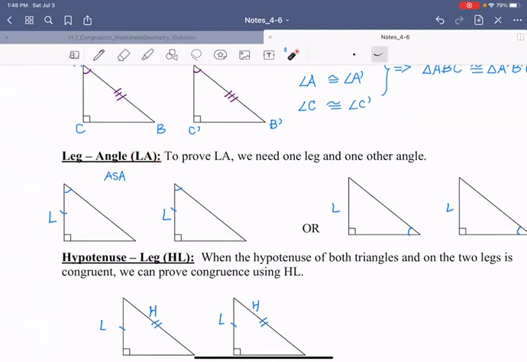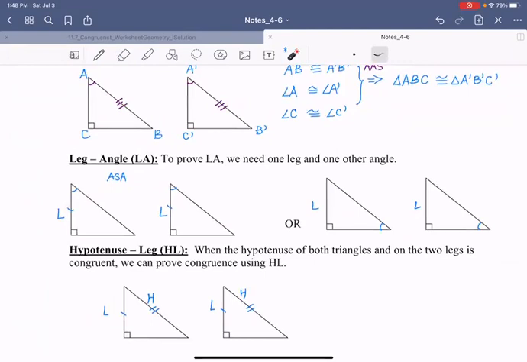Some students may feel curious. Teacher, you put your angle here, that might be right. What will happen if you have the angle in this location? Let's see here. We get this leg congruent, these two angles congruent. We can also use AAS, right? AAS can also prove it, correct, Abby?